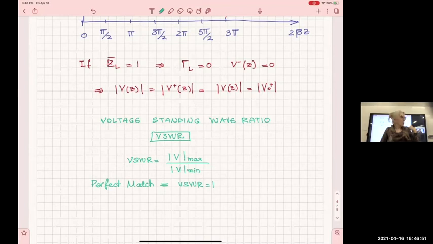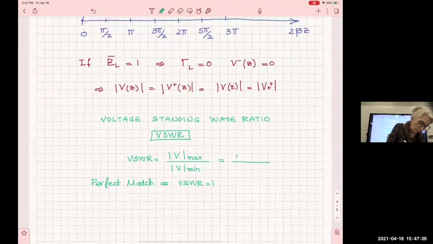Okay? So if it is 1, then the value you will also find out, what I'm not going to do, but you can prove as a matter of fact, is that VSWR is 1 plus gamma L over 1 minus gamma L. All right, so if gamma L is 0, which is in the case of a perfect match, then your VSWR becomes 1.